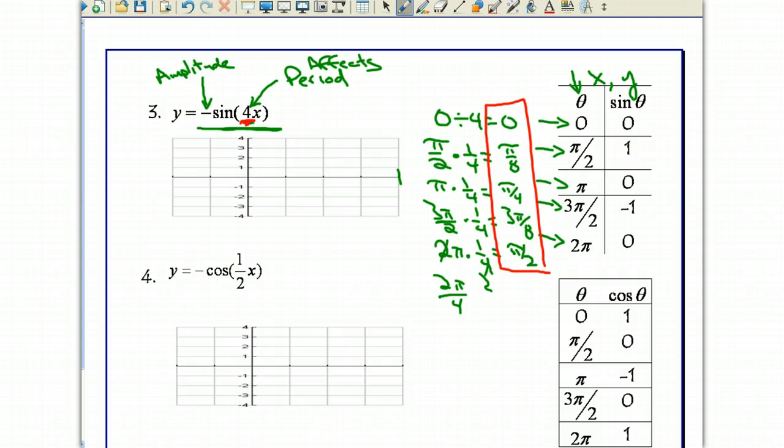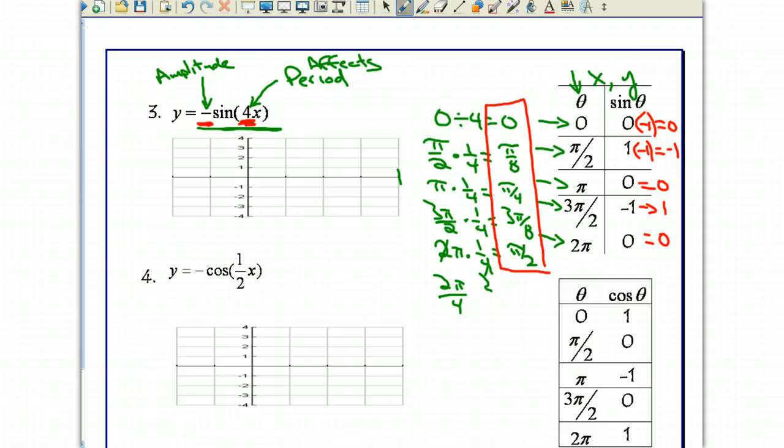My y-coordinate, it's just a negative on here. So all my y's are going to take times -1. 0 times anything is 0. -1 times anything is -1. This is still 0. This becomes 1. And this becomes 0. And with these transformations, considering the 4 and the negative, I can now graph my new graph. So let's set up the x-axis.